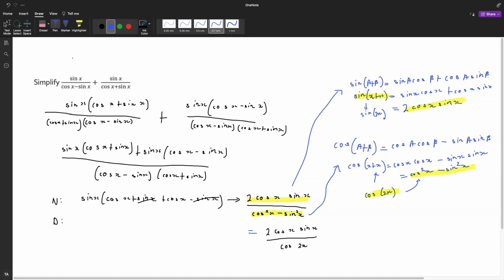Well, they should be on your reference sheets, but you would just have to check depending on which exam you take. But yeah, so now this is just equal to sine 2x over cos 2x. And we know that sine over cos is equal to tan. So that's just equal to tan 2x, which is your final answer.